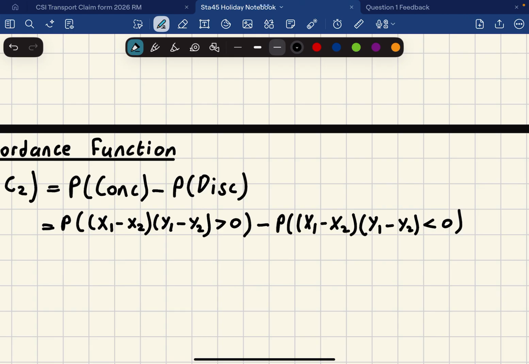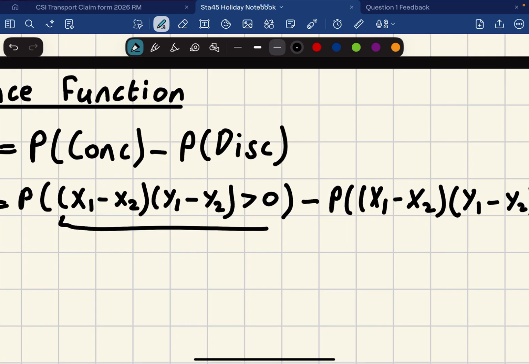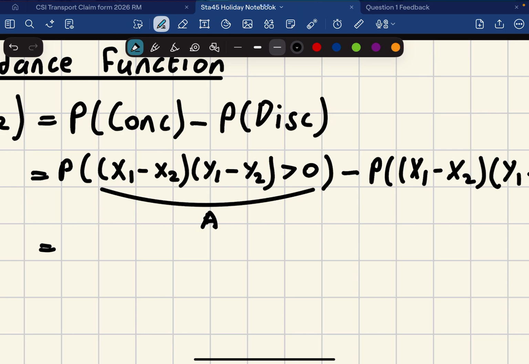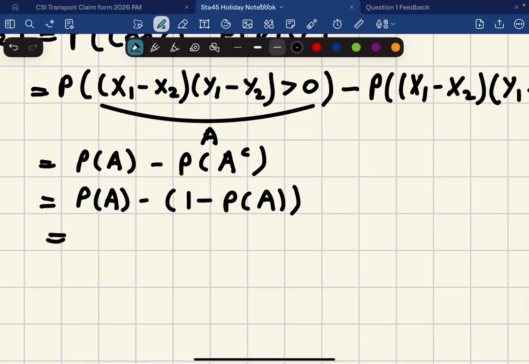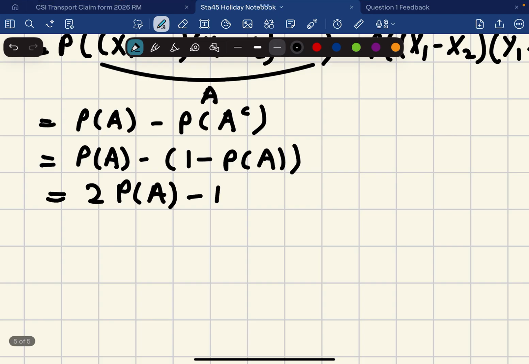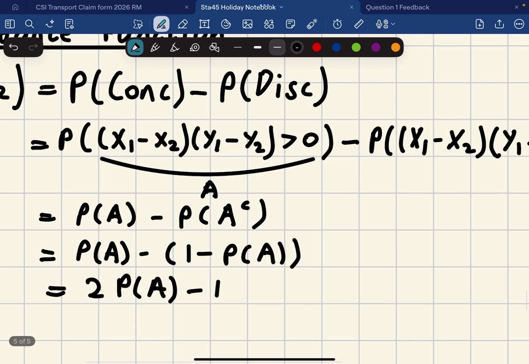And when they are complements, if we call this event A to avoid writing too much, that means I have the probability of A minus the probability of the complement of A, which is the same as the probability of A minus 1 minus the probability of A, which will obviously give you 2 times the probability of A minus 1, right? So we understand where the 2 times probability of A minus 1 comes from. And then we have to talk about this event now.